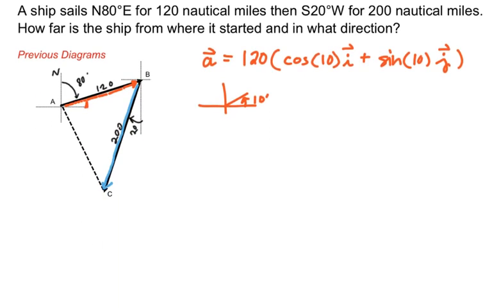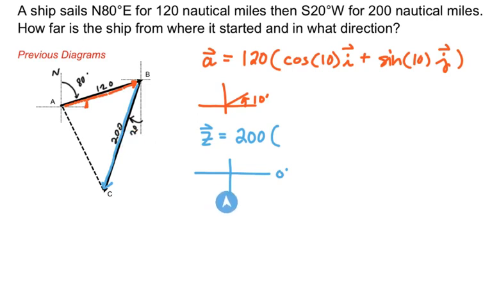Let's develop a vector for the second piece. I'll call that vector z. The magnitude of that vector is 200. Let's think about our angle measurement, because we don't want to use this 20-degree angle. If I sketch my x and y axis, my positive x-axis is 0 degrees, and we drew south 20 degrees west.